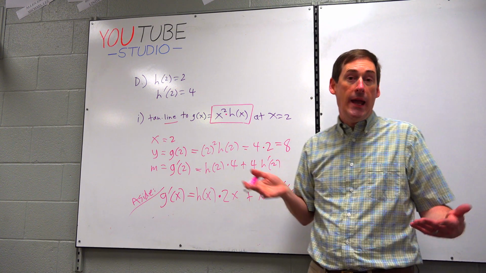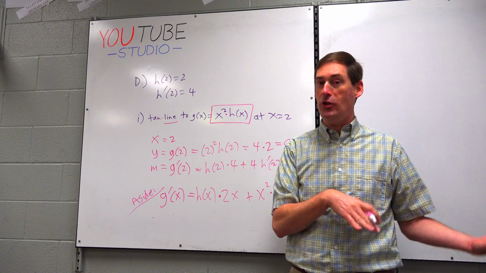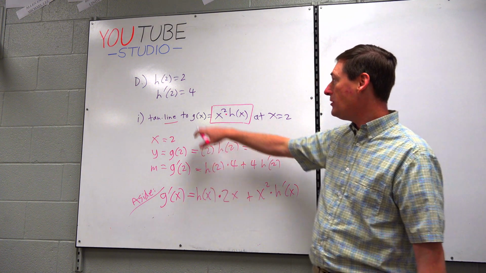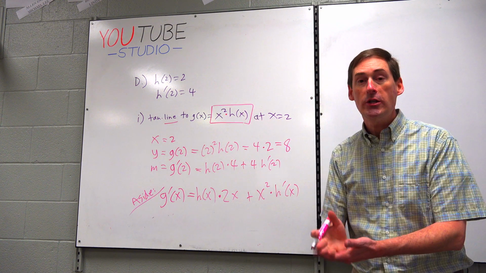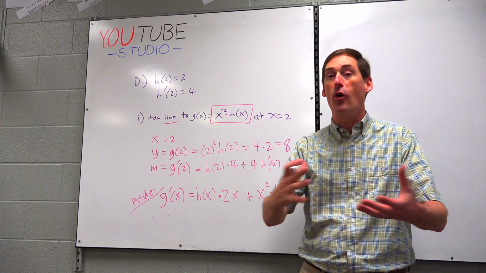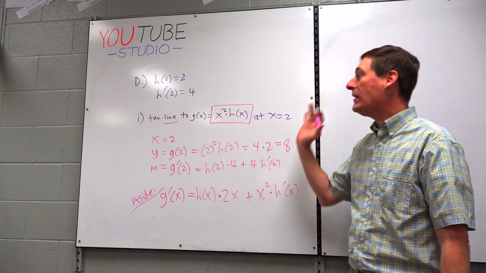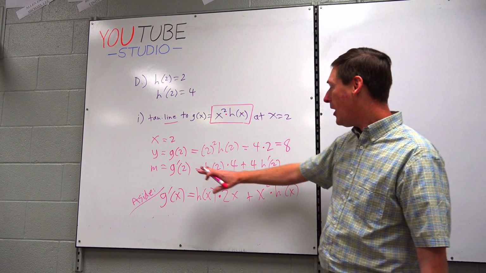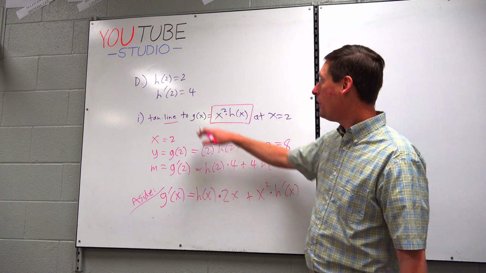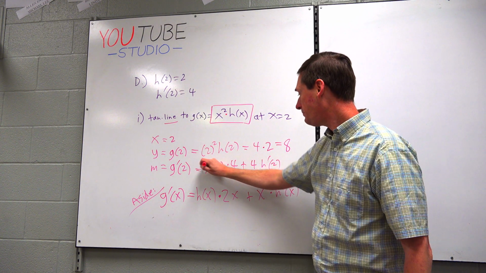And you don't know what the h function is. Only I do behind the scenes. But I've given you h of 2, and I've given you h prime of 2. So if you just follow the rules of mathematics that we've already laid out in this course, you can even do the weird abstract problems like this, all right? So h of 2 will be replaced by 2.